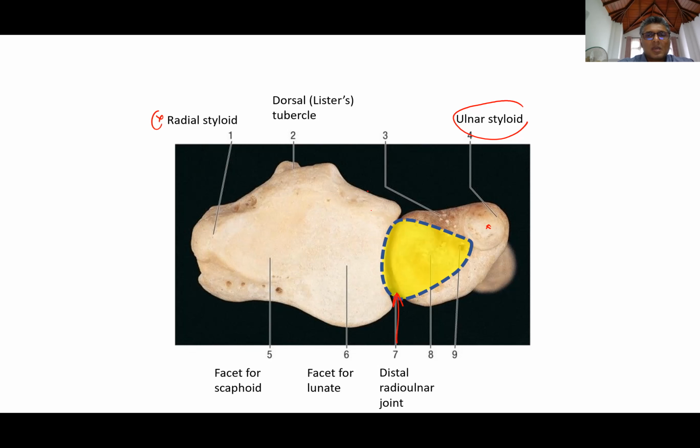It's attached to the distal margin of the ulnar notch on the radius and the base of the ulnar styloid here. So it prevents the connection between the distal radioulnar joint and the wrist joint. The wrist joint is mainly formed by the distal end of the radius and the scaphoid and the lunate of the proximal row of carpal bones.